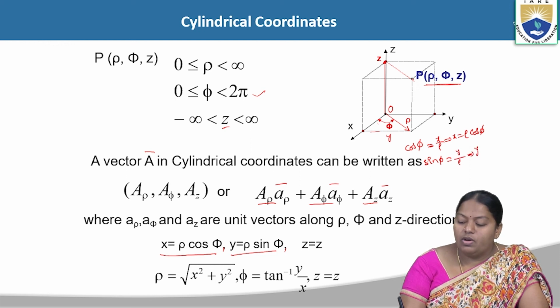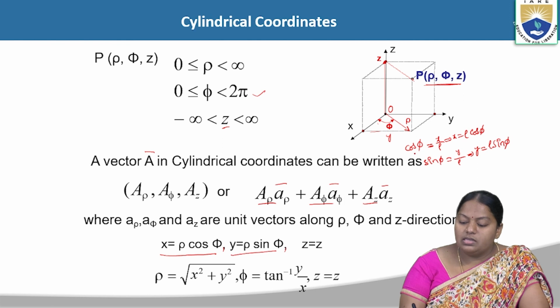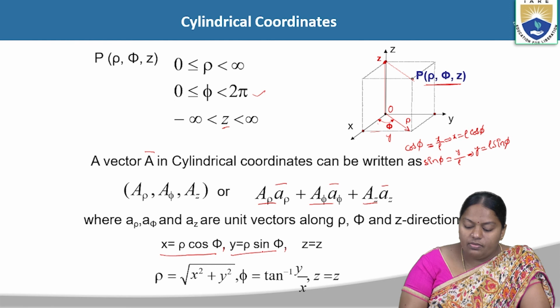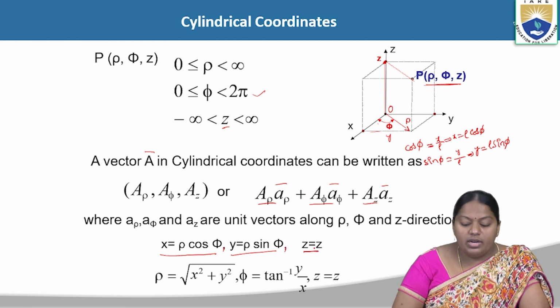Then from this, y is equal to rho sin phi can be written. Okay. So x is equal to rho cos phi and y equal to rho sin phi we have considered. And z is the variable which is the same for both coordinate systems. Hence, we are representing z is equal to z only.